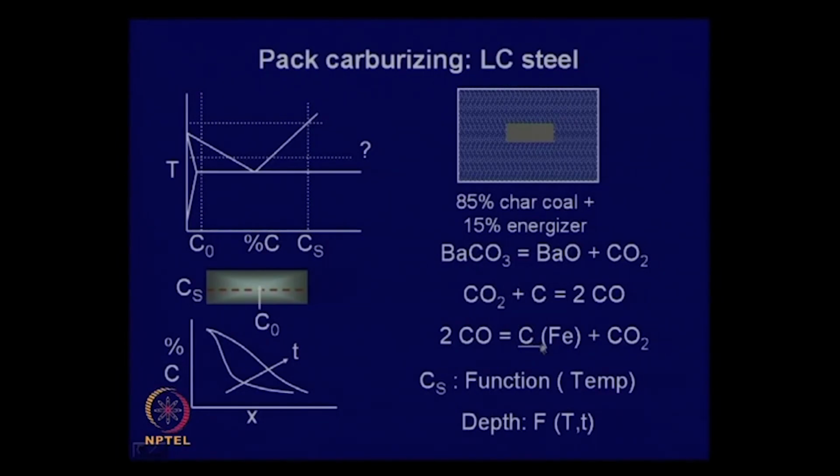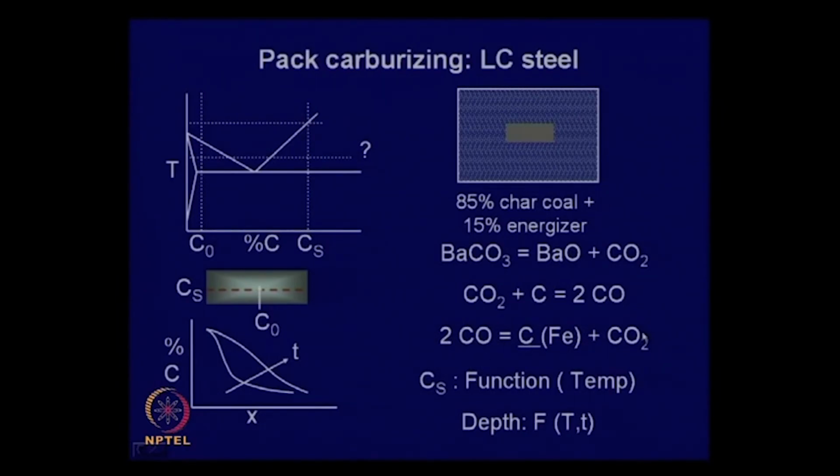Carbon is an interstitial element, and at 950 degrees centigrade iron can dissolve a significant amount of carbon. So, it diffuses very fast and moves into austenite, and this is the main carburization reaction.